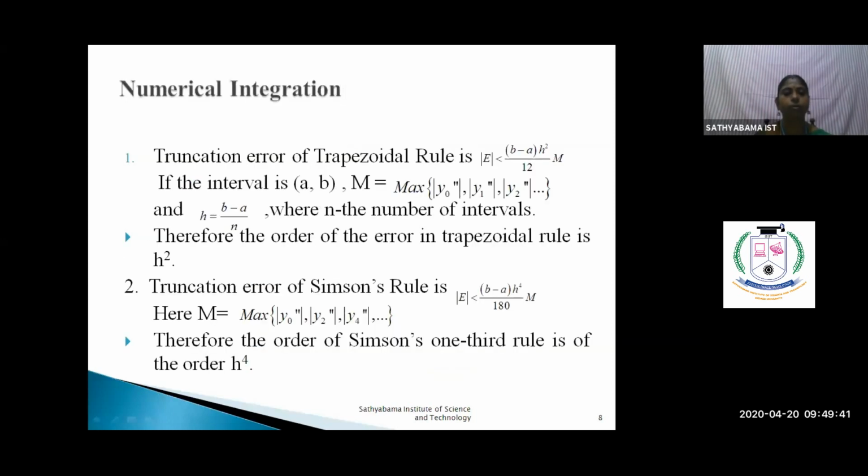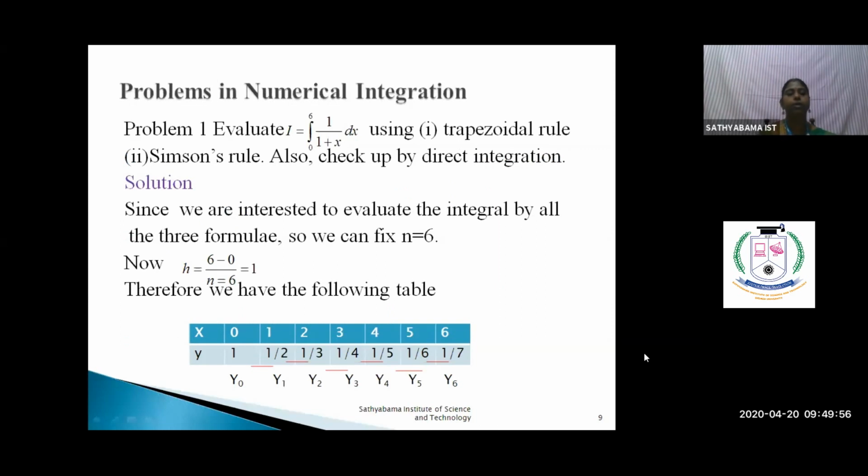h is equal to (b minus a) by n. So what is my b? b is equal to 6, the upper limit, minus the lower limit a. So (6 minus a) by n, and we will always take n equal to 6, which is the least number that satisfies all the three conditions of the rules.